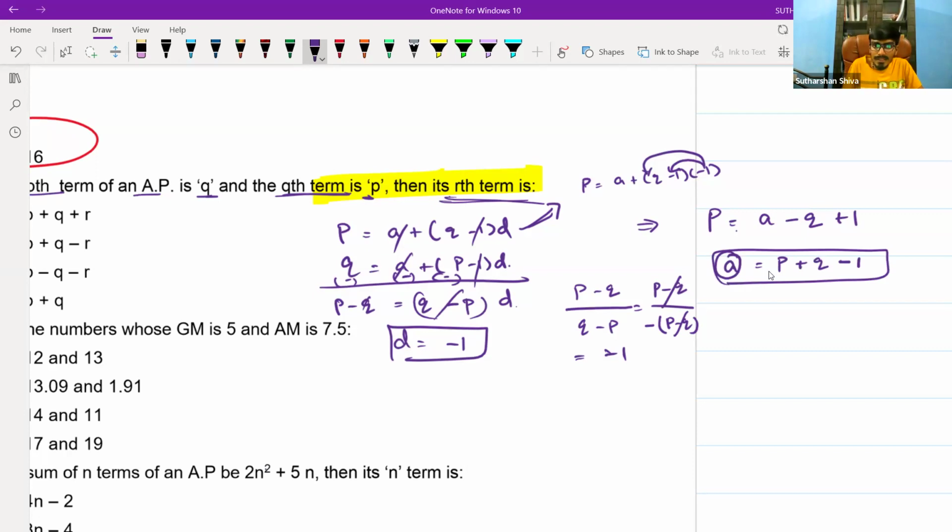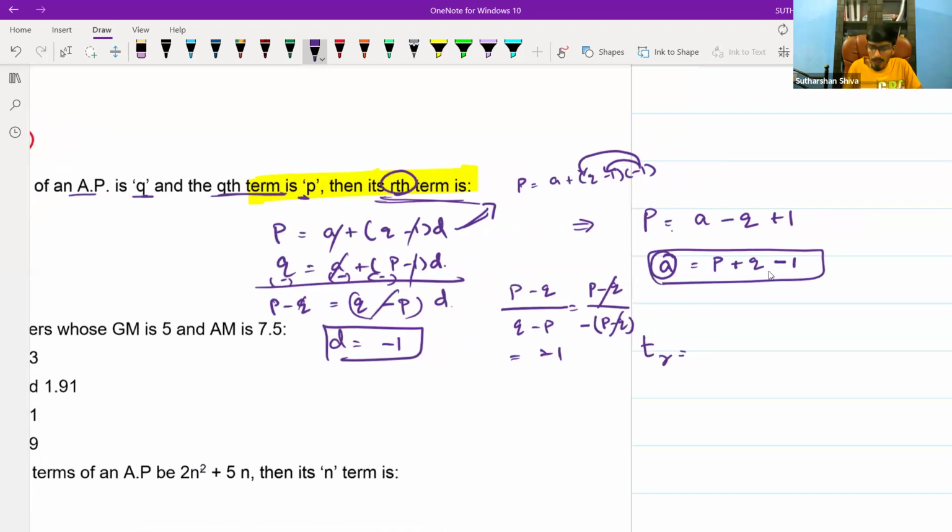Fine. They are asking the rth term. What is the rth term they are asking? It is nothing but Tr. What is the formula? We will substitute the value: A plus (n minus 1) into D. That's the formula. What is the A value? P plus Q minus 1. Then the n value, n here is nothing but R. So R minus 1.